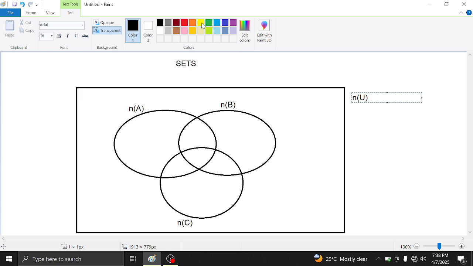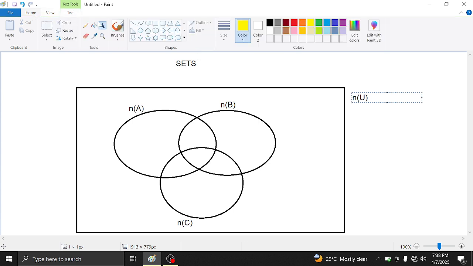So the part, let me pick a color from here.